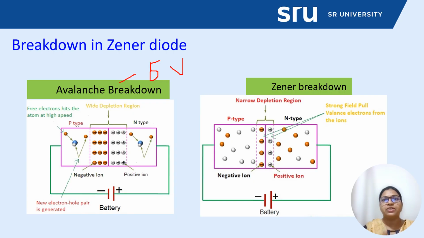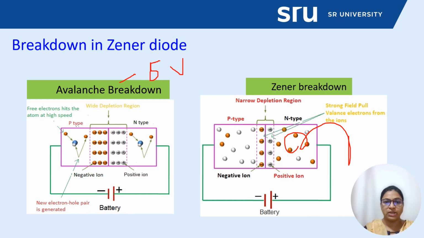So the outermost shell electron breaks away from the effect of its mother atom and moves freely. From this side the majority of electrons will move out, and from here the majority of holes will move out. So this side has the positive ions, and here it becomes the negative ions. Due to the free drift of the electrons, the reverse current flows through the diode.